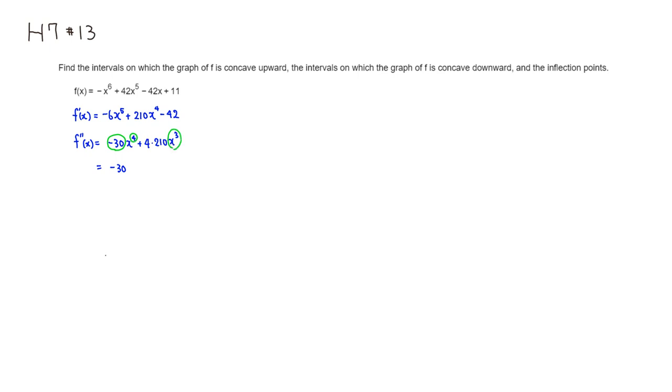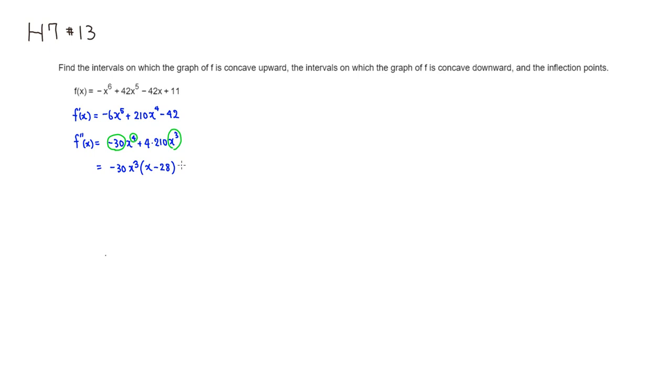Oh, I forgot to write down x to the 4th here. X to the 4th, x cubed. So you have an extra x from the first term. If you factor negative 30 from 210, you're going to get negative 7. Negative 7 times 4 is negative 28. So we have that.